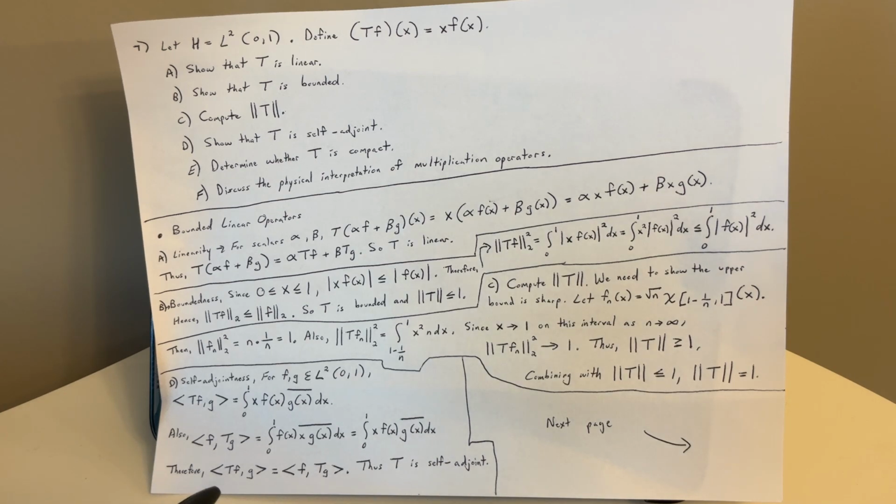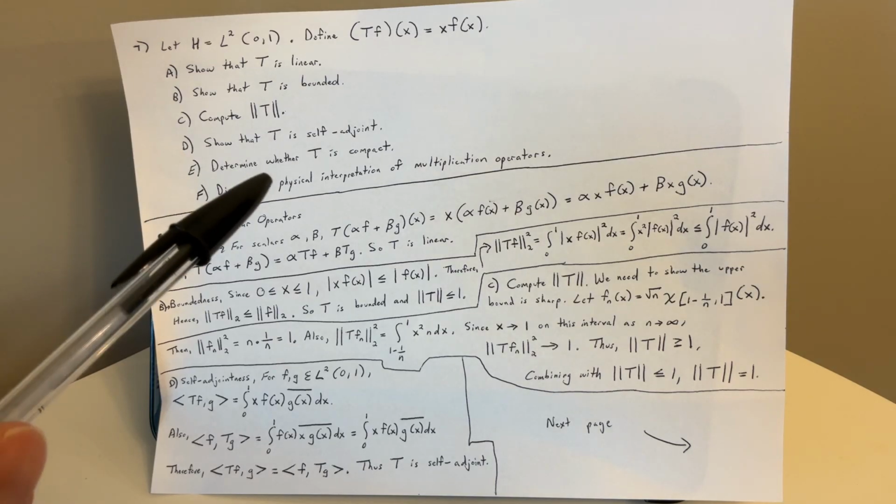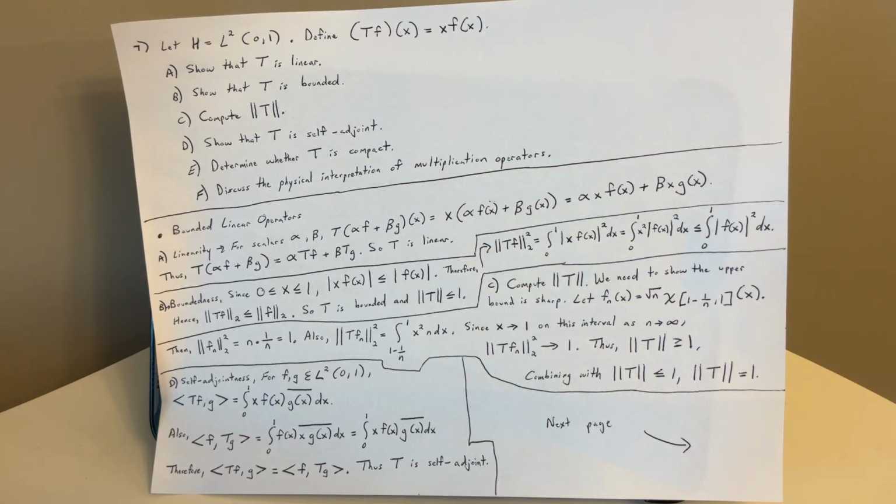Therefore, the inner product of Tf and g equals the inner product of f and Tg, thus T is self-adjoint. Moving along to letter E and F. E wants to determine whether T is compact.